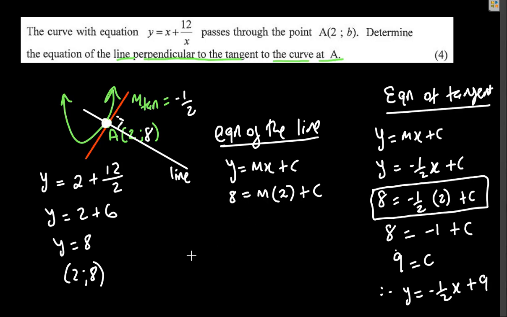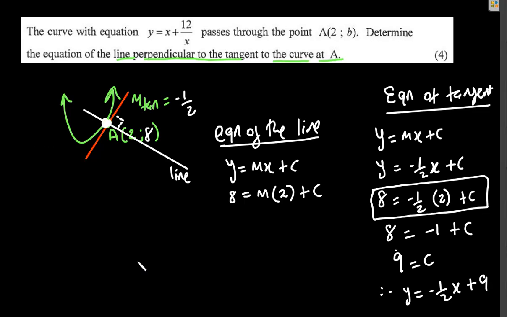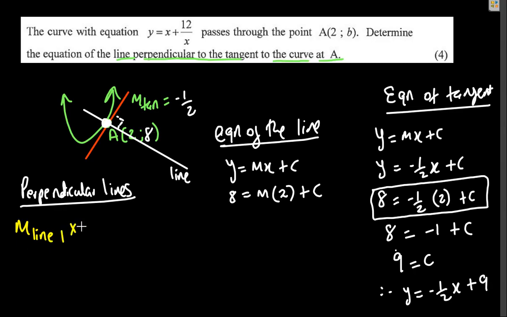Well, it's easy. For perpendicular lines, let's remember from analytical geometry, the gradient of line 1 multiplied by the gradient of line 2 will give us -1.